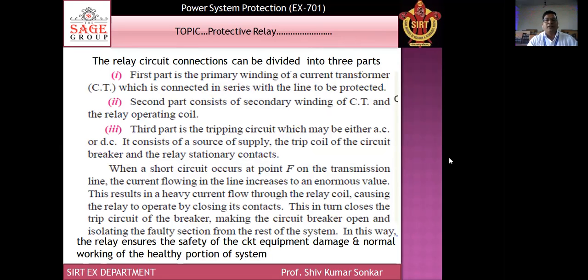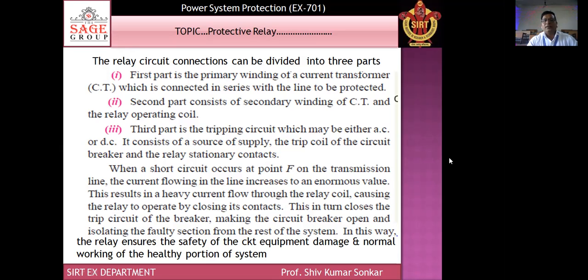When a short circuit occurs at a point A on the transmission line, the current flowing in the line increases to an enormous value. This results in heavy current flow through the relay coil, causing the relay to operate, closing its contact.